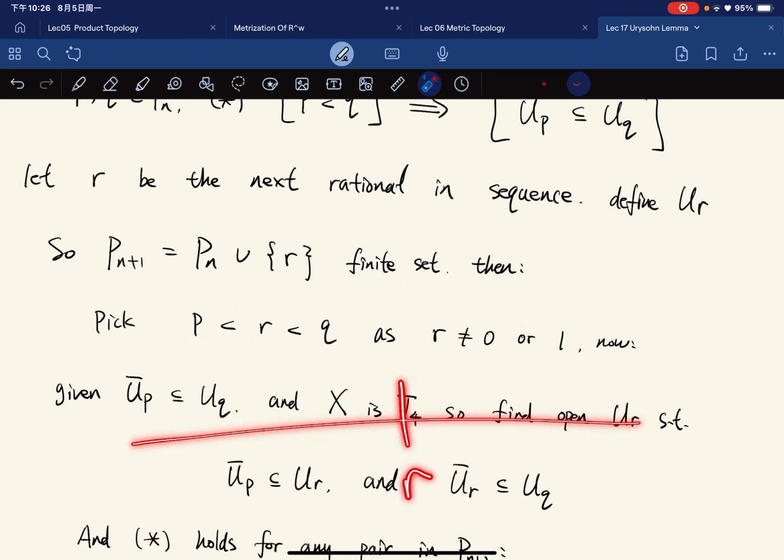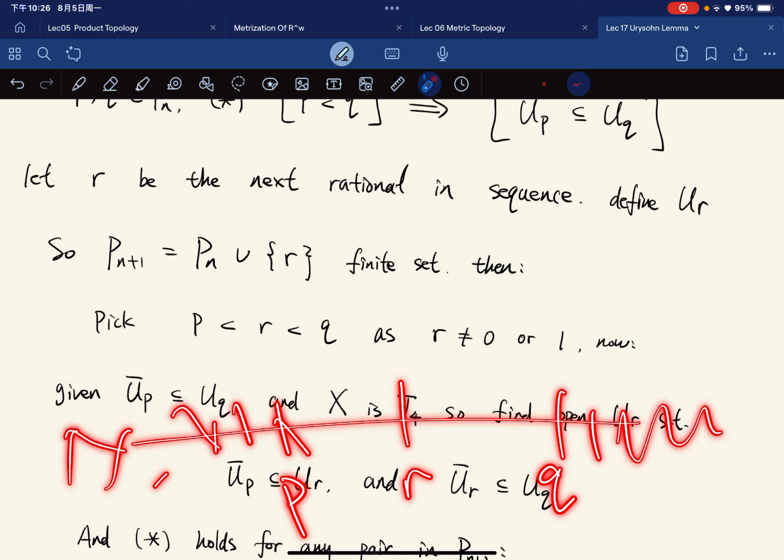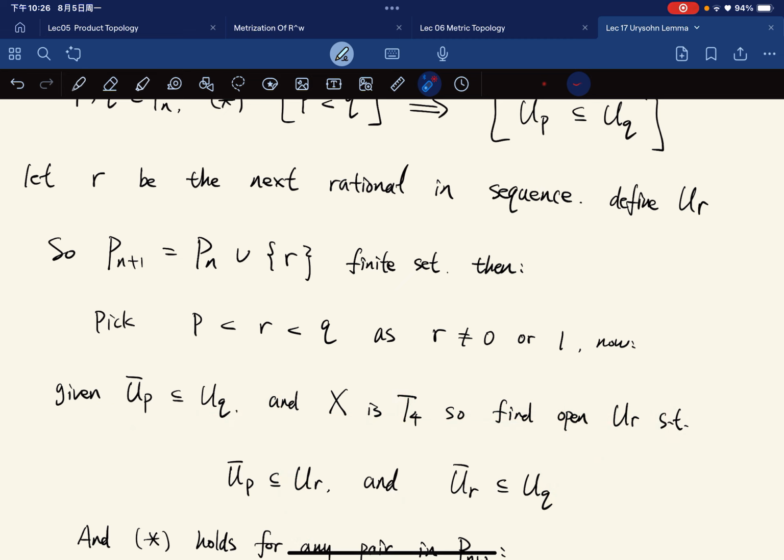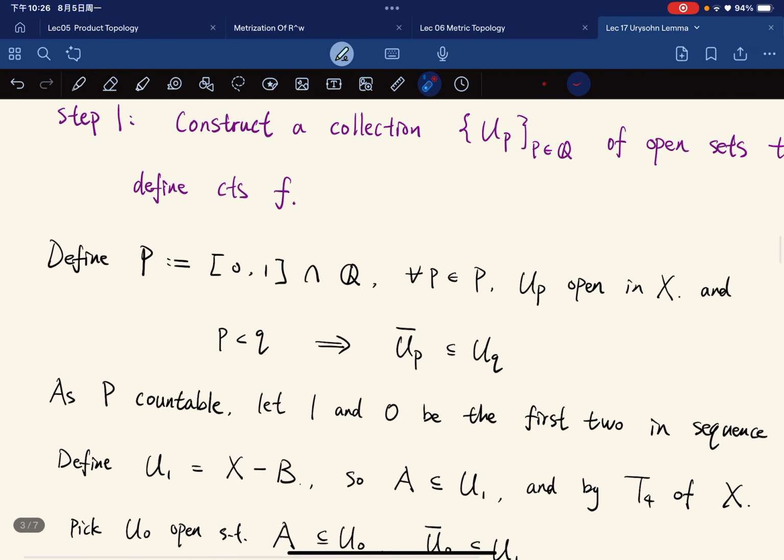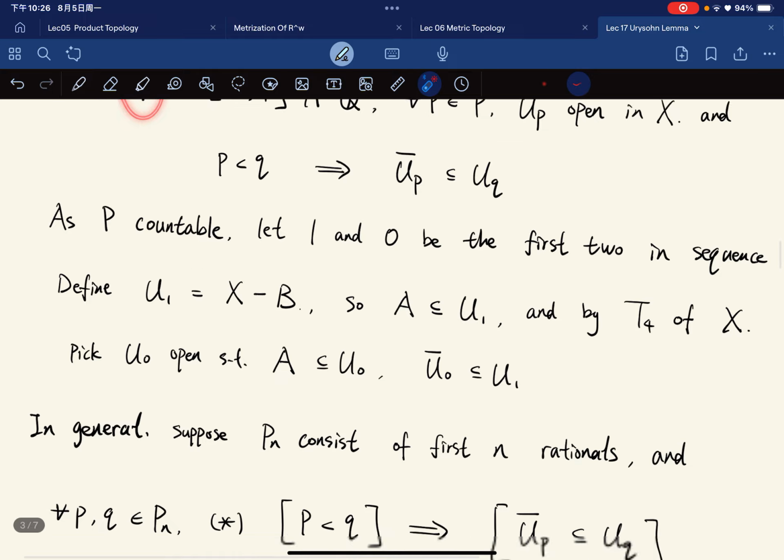You can picture this as R, P, and Q, and all the other points are somewhere else. This is doable because the set is finite, and also because R is not 0 and not 1, since 0 and 1 are strict bounds for the set P.